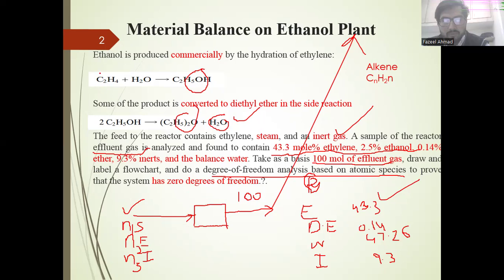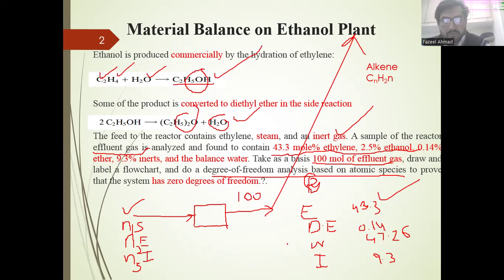In this reaction, carbon, hydrogen and oxygen are the atoms, and all of them appear in the products. All the atoms coming in the feed exist in the products in their atomic states.